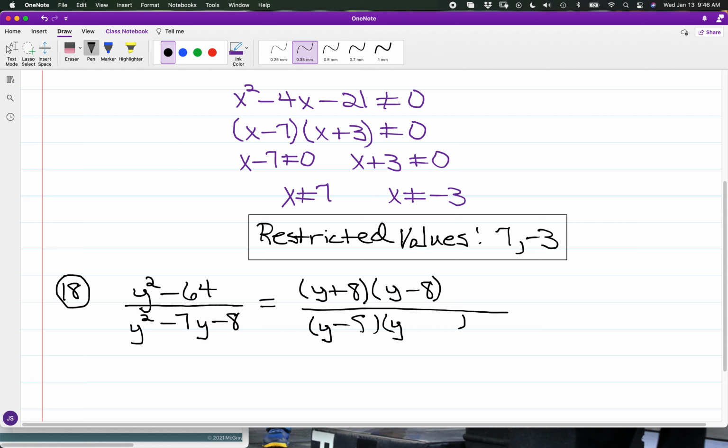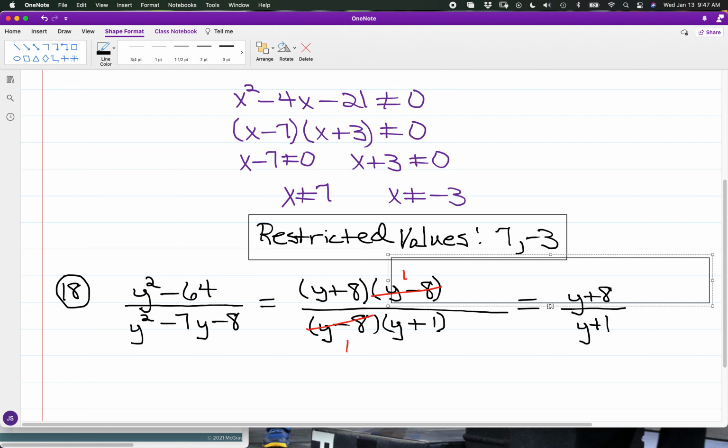More weight will be given to the subtraction than to the addition. So the product of these terms will go to that particular trinomial. And once again, we have common factors between the numerator and denominator with y minus 8. For the complete reduction, we have the ratio in number 18 simplify to y plus 8 all over y plus 1.